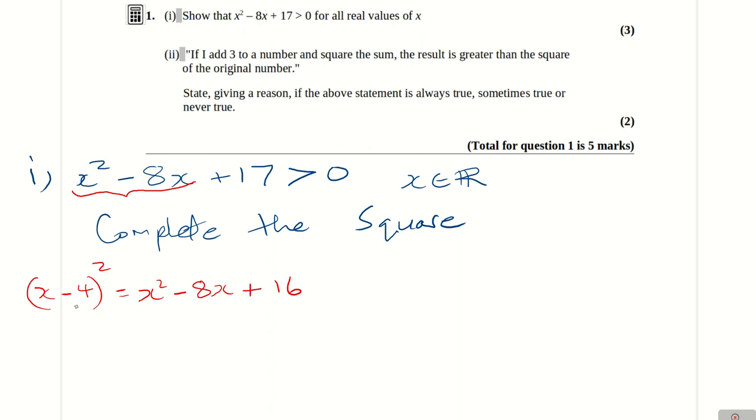So by using x minus 4 all squared, we can actually get our x squared minus 8x. However, we also get an extra 16 with it, which we might not want.